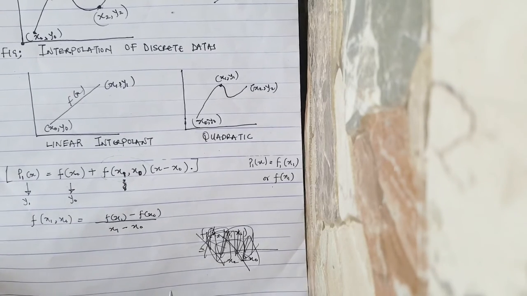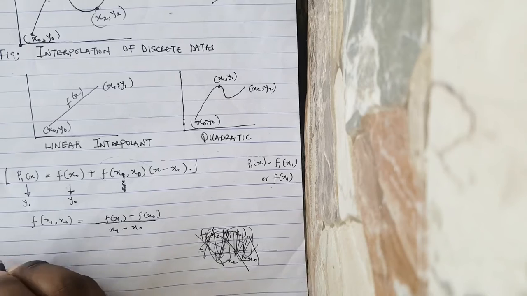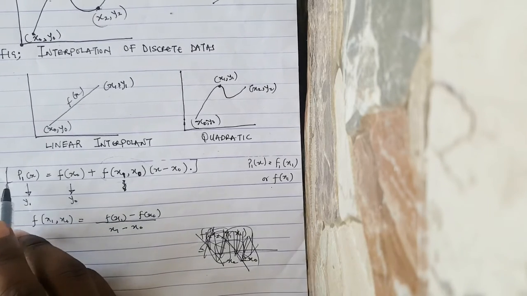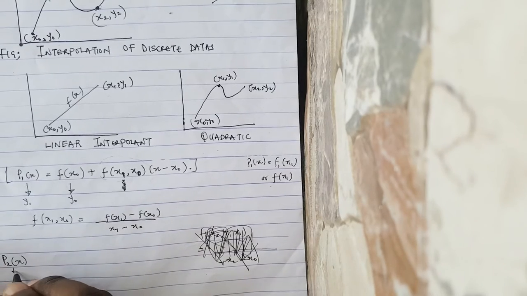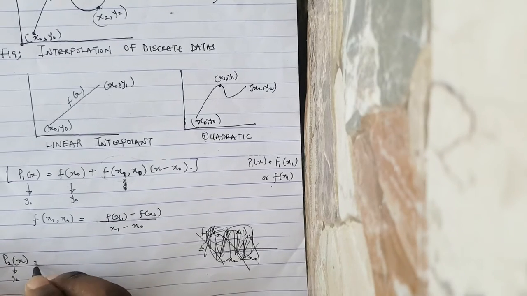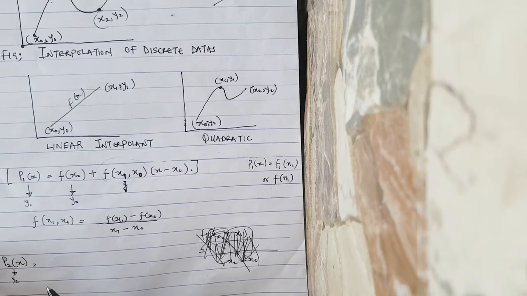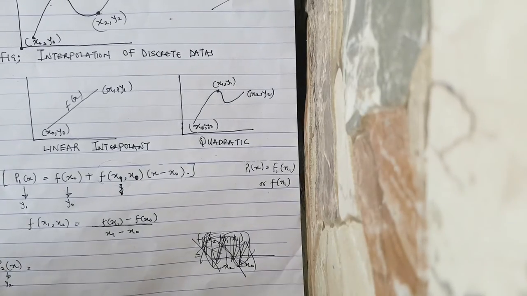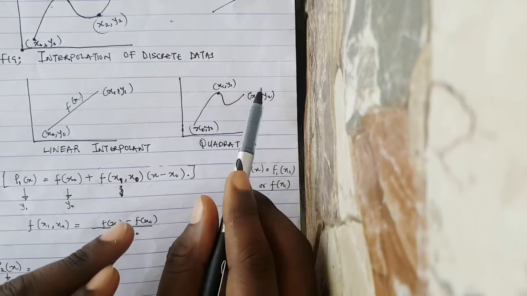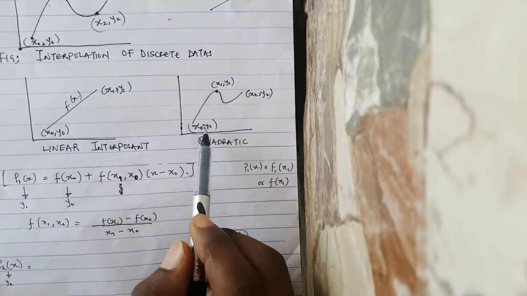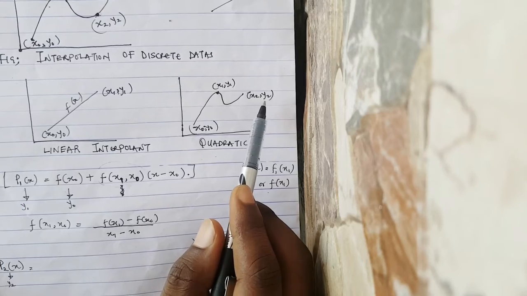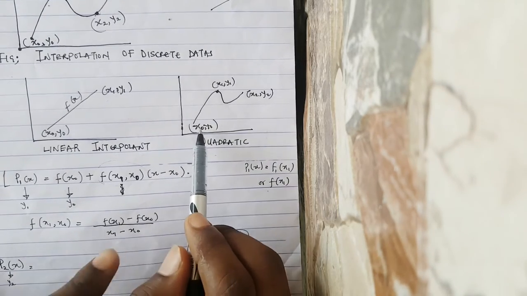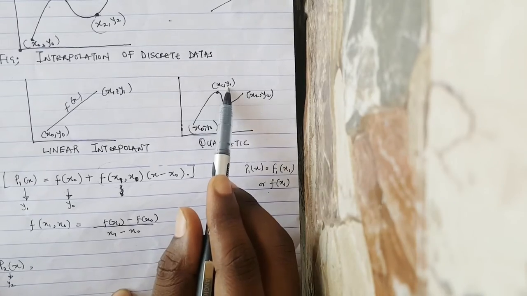Very simple. Now the next one I'm going to is my p2 of x. Looking at this, I can say this is my y2, and this tells me that this is a quadratic interpolant. Now what I need to do is consider this graph. It is starting from x0 to x2, y2, not just from x0, y0 to x1, y1.